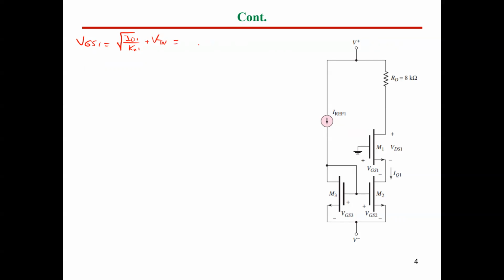This is the same current relation for saturation. We assume saturation here, and we will see if it is in saturation or not. If not, we can substitute in the other, more complex relation for non-saturation. So this equals the square root of 0.2 milliamp divided by Kn for transistor 1, which is 0.25, plus 0.4. We end up with VGS equals 1.29 volt.